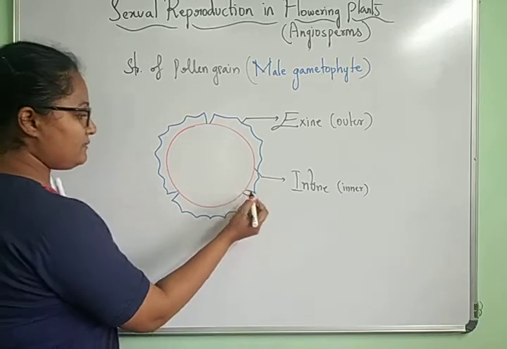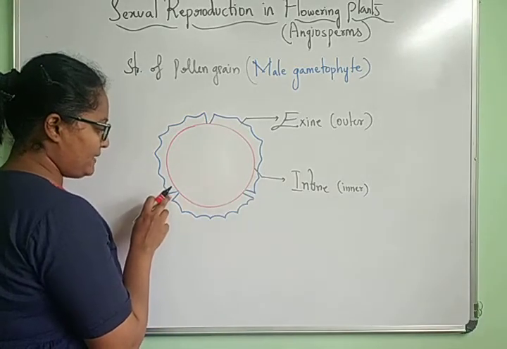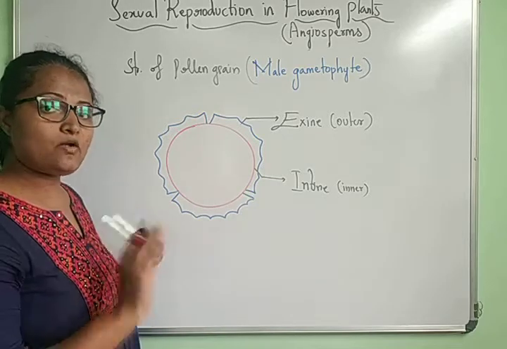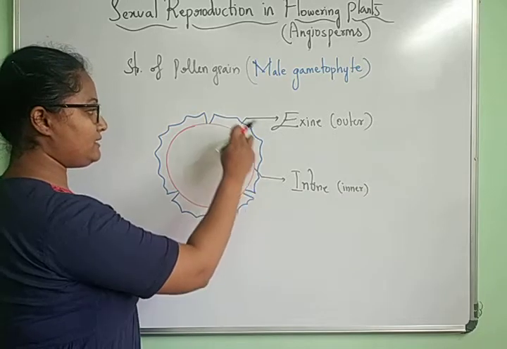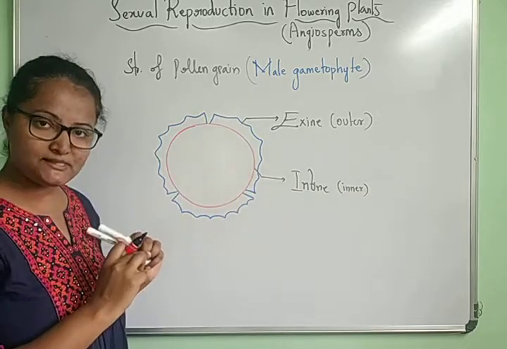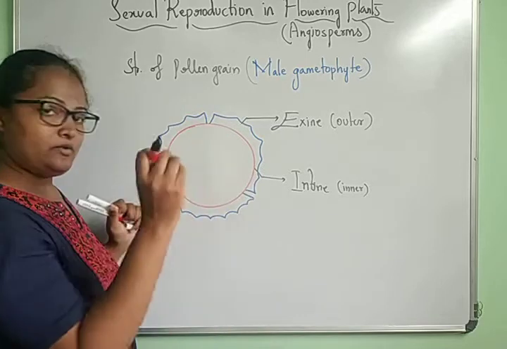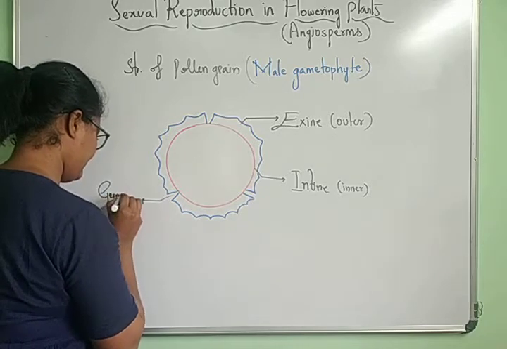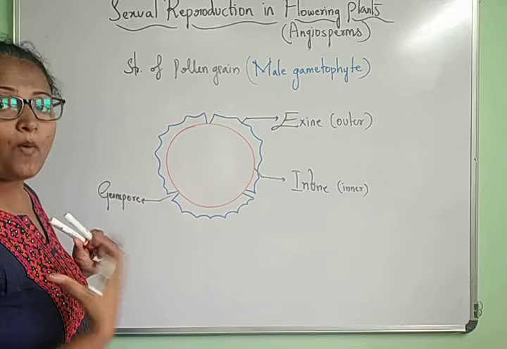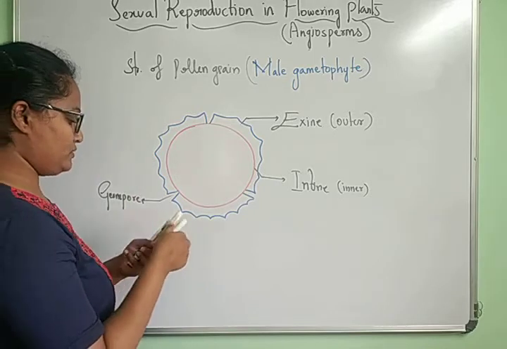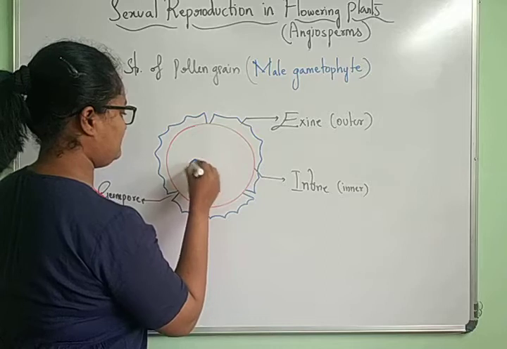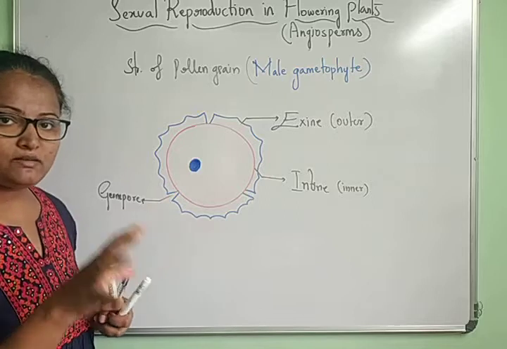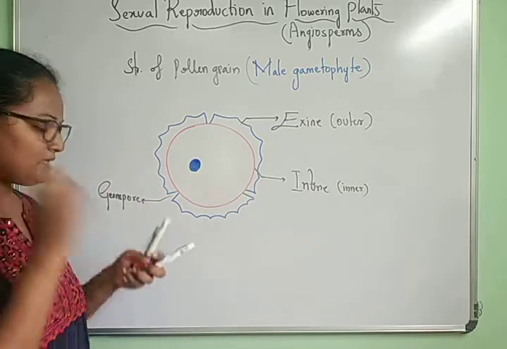And there are some gaps. In some places the exine wall is not continued. Can you see here, the exine wall is discontinuous in some places. That discontinued place we call the germ pore. And usually they contain a single nucleus, because as we have studied during microsporogenesis, the cell contains a single nucleus.